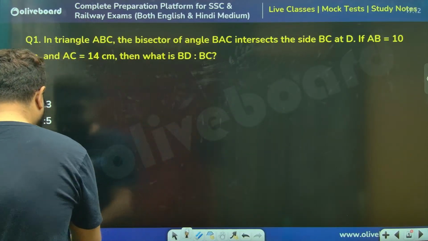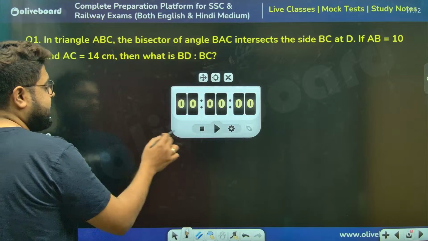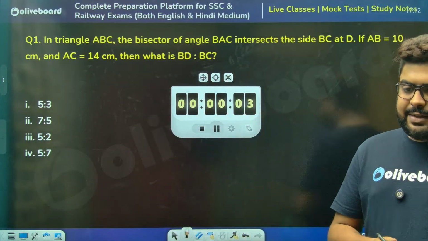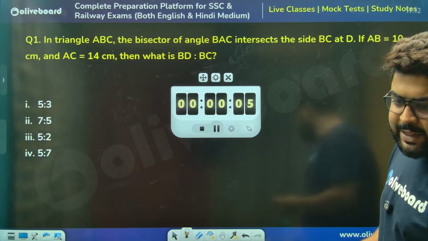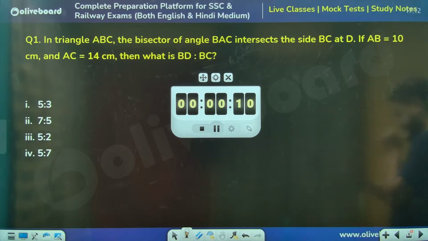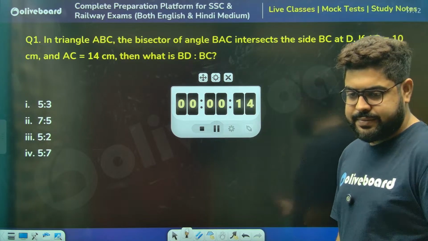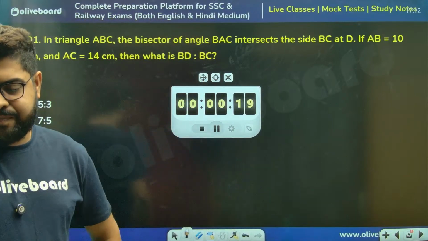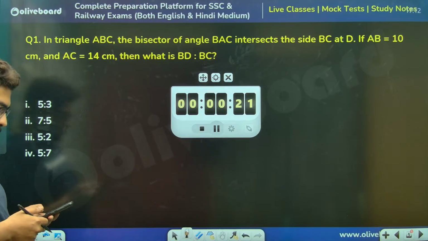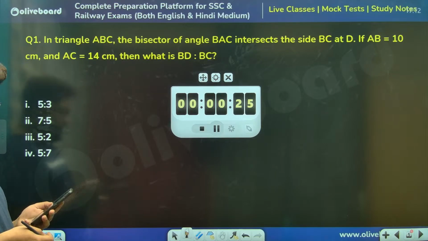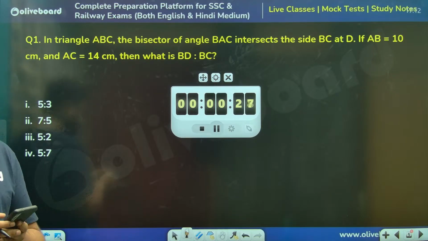Everyone, I'll give you a few seconds to solve. 40 seconds. Chalo, time starts now. Please try this and give me the answer, quickly.